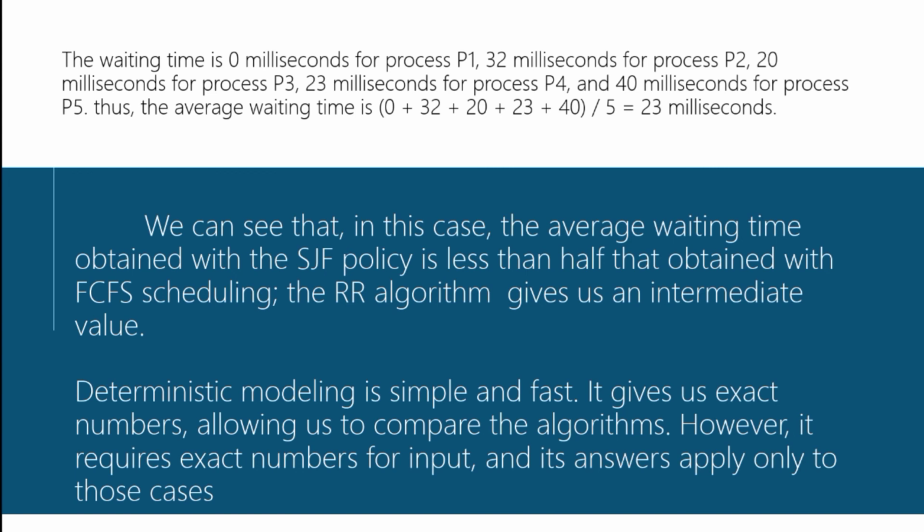That's why we already identified those scheduling algorithms that have a minimum total average waiting time. However, it requires exact numbers for input and its answers apply only to those cases. So that is what we use deterministic modeling for in different CPU scheduling algorithms.